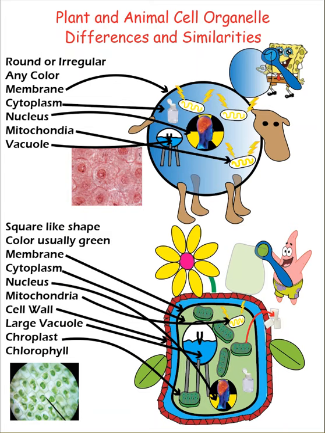All right, and last but not least is the chlorophyll. And the chlorophyll are going to be the tiny little stacks of quarters that are inside of the chloroplast. So I'm going to try to get the little arrow going there.